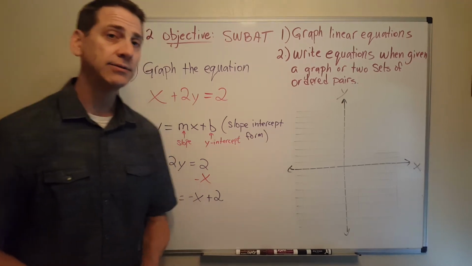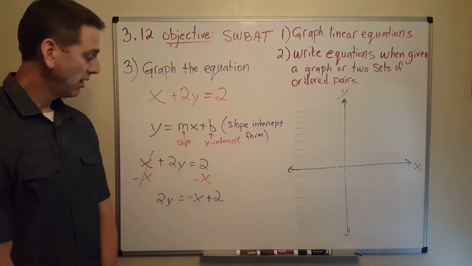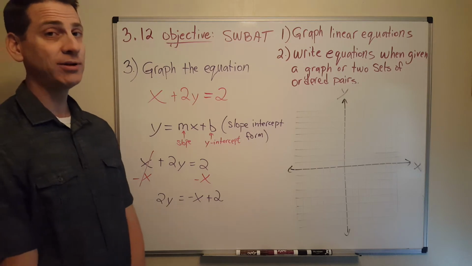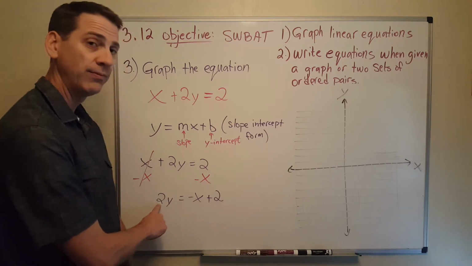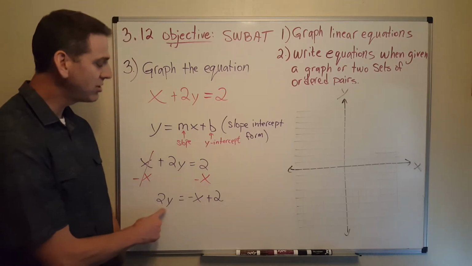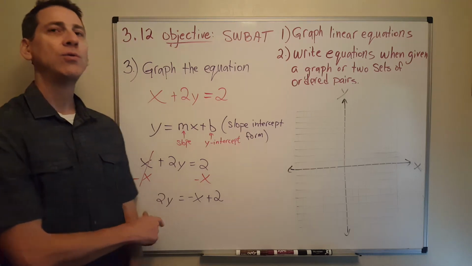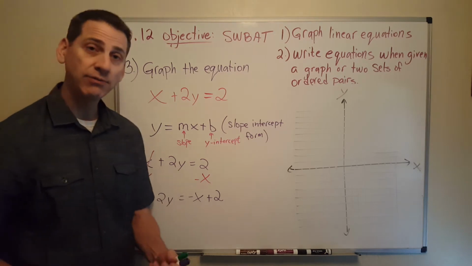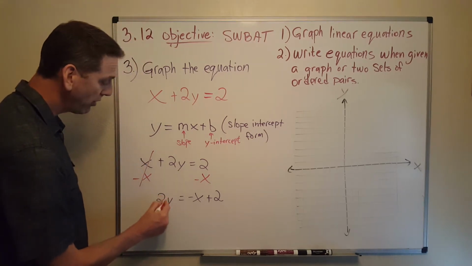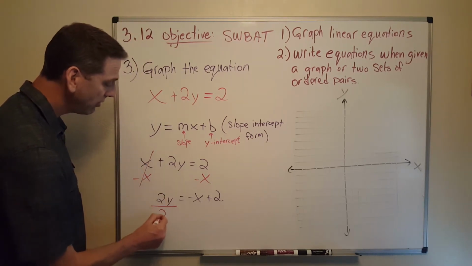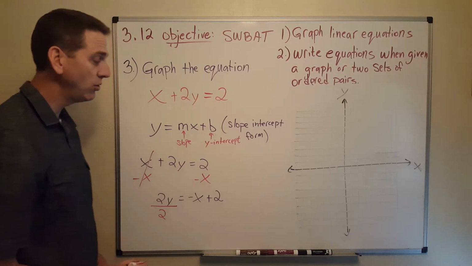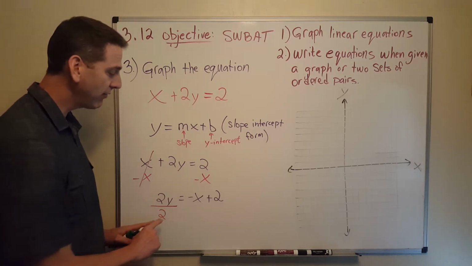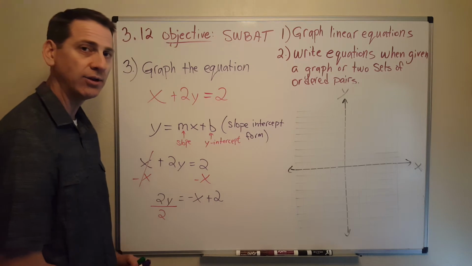All right, so I'm one step closer. However, it's still not in slope-intercept form because I have this 2. Okay, this is 2 times y. Well, what's the inverse of multiplication? It's division. So in order to get rid of that 2, I simply divide by 2. Now watch this. I have to divide everything over here by 2.